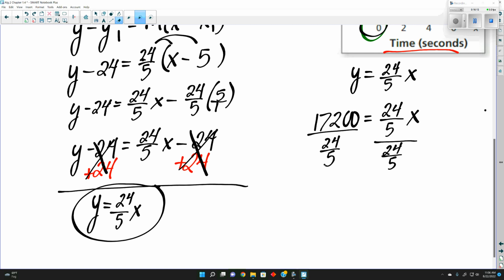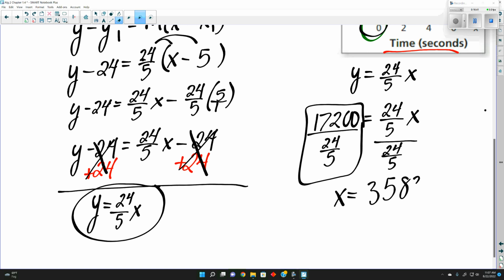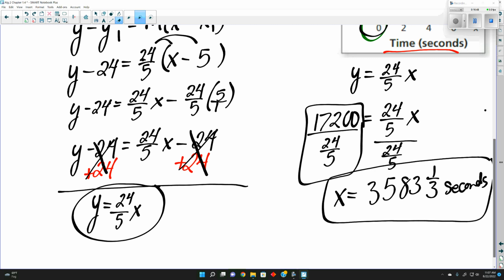That'll do the exact same thing, because when we divide by a fraction, we have to flip it and change it to multiplication. Or we can plug all that into a calculator, which gives us 3,583 and 1/3 seconds.